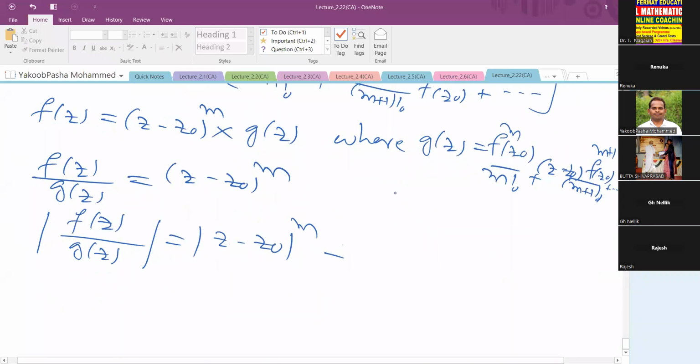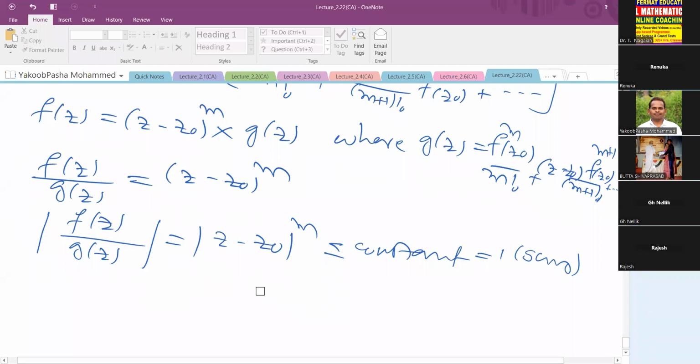Okay, it may be 1. We are taking this to be less than or equal to some constant; for my convenience I am taking 1. In this case, what happens?